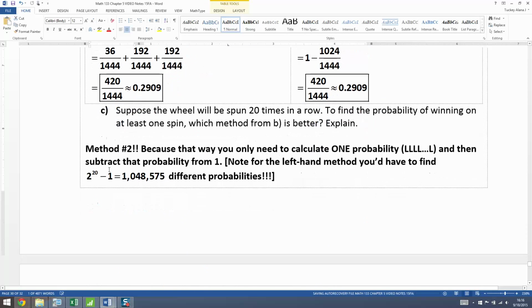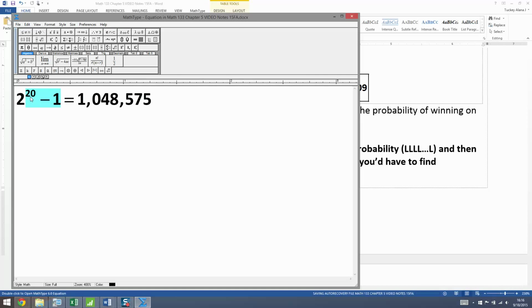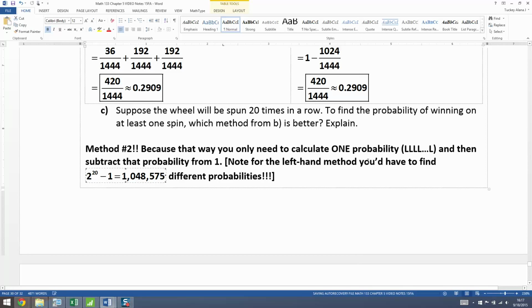If it's 20 spins, that's over 1,000,000. And then you just take away the 1 for the lose-lose. So you'd have to find roughly 2 to the 20 different probabilities, which is a lot, right? As opposed to just having to find one probability. One probability might not be pretty, but you can do it. But 1,000,000 probabilities, that would not be good.